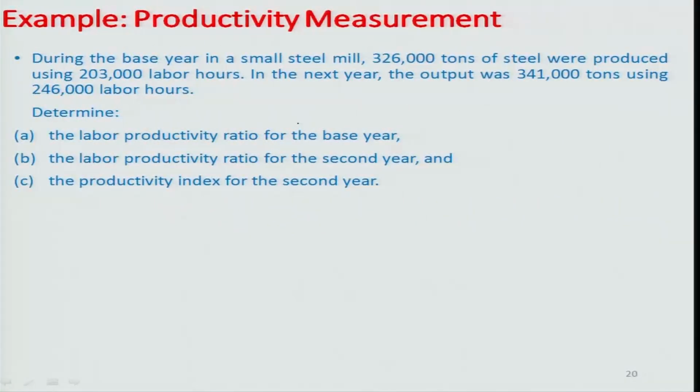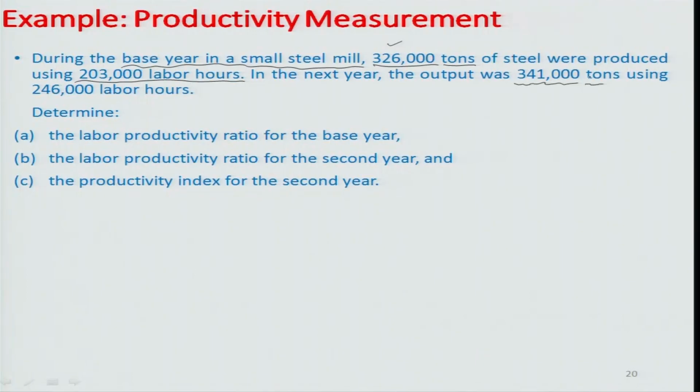So, let us look at a numerical estimation of such productivity measurements. Let us say during a base year in a small steel plant, a steel mill, we had a production of about 326,000 tons of steel, produced by spending about 203,000 labor hours. The next year the output improved from 326,000 to 341,000 tons.